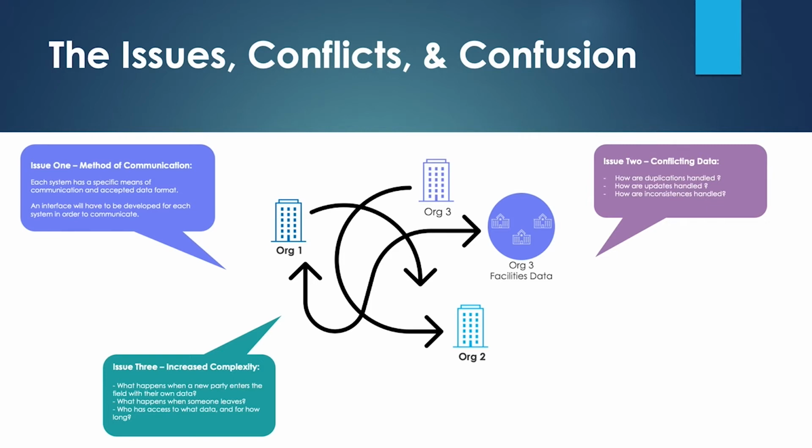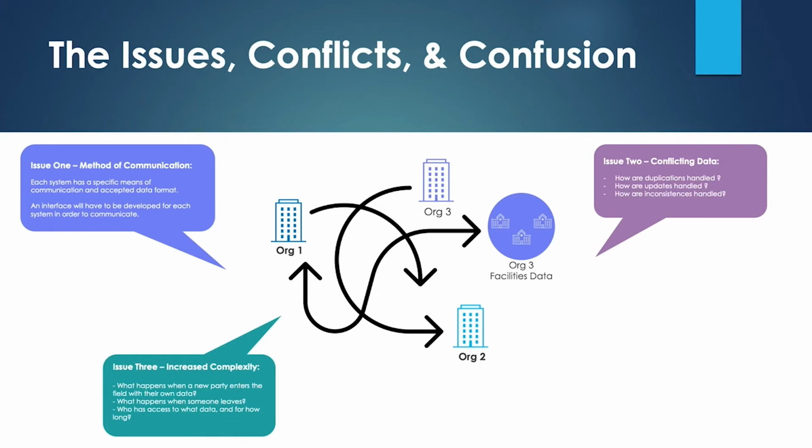In this scenario, Organization 1 would have to create an adapter allowing for communication specifically with the system for Organization 2 and also create another adapter for specifically communicating with Organization 3. Second issue is conflicting data. How are duplicates handled? How are updates handled? How are inconsistencies handled? These can vary from environment to environment and can really slow down operations when not appropriately handled.